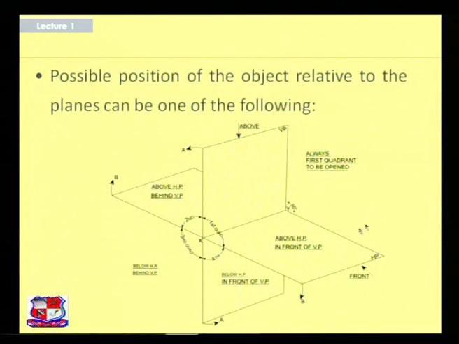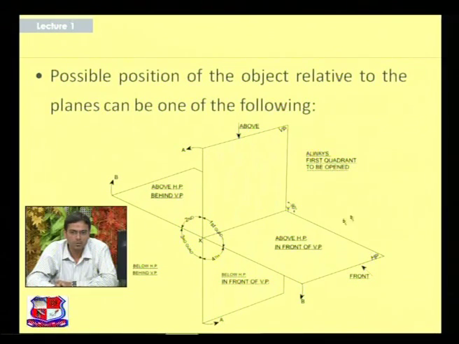This is the first quadrant. See this quadrant, this angle made, this is the first quadrant. Behind this one is the second quadrant. Below the second quadrant is the third quadrant, and over here the last one is the fourth quadrant.